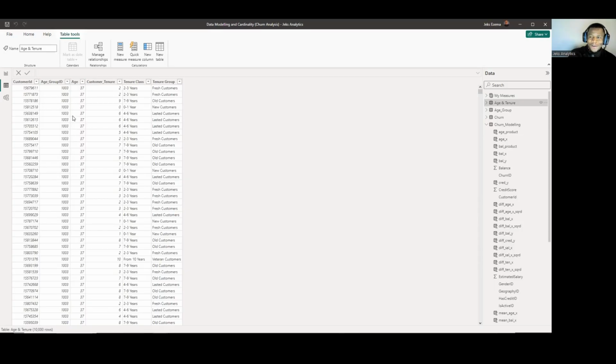So here we can see that there is a primary key to this table and there is also a secondary key to this table. That makes it a fact table.